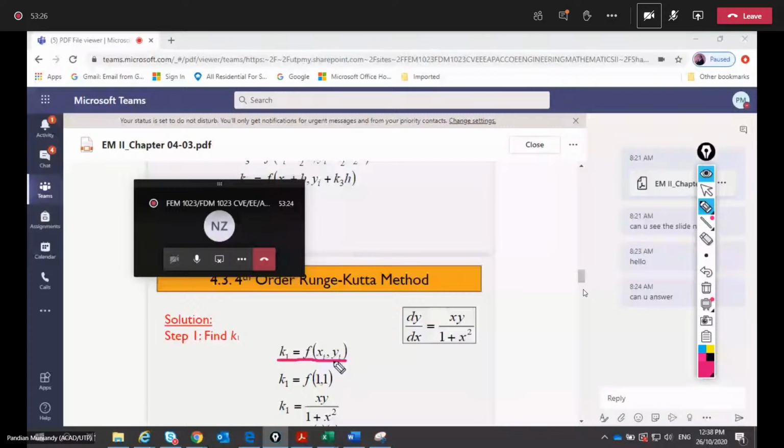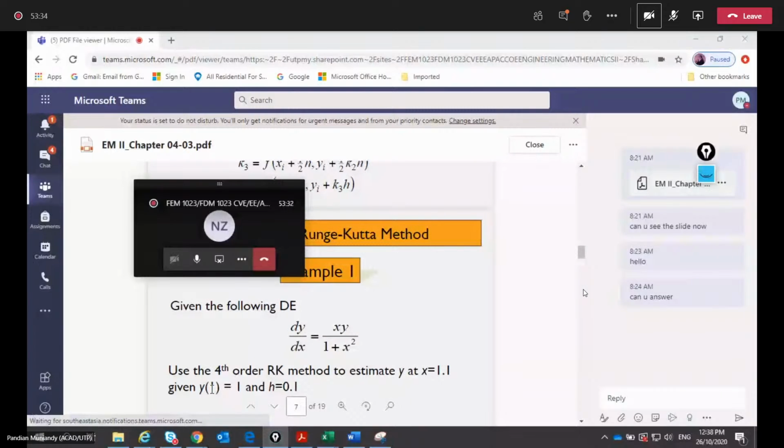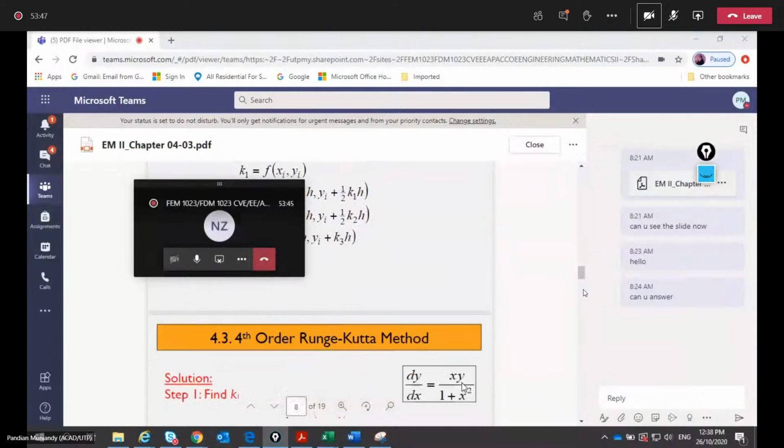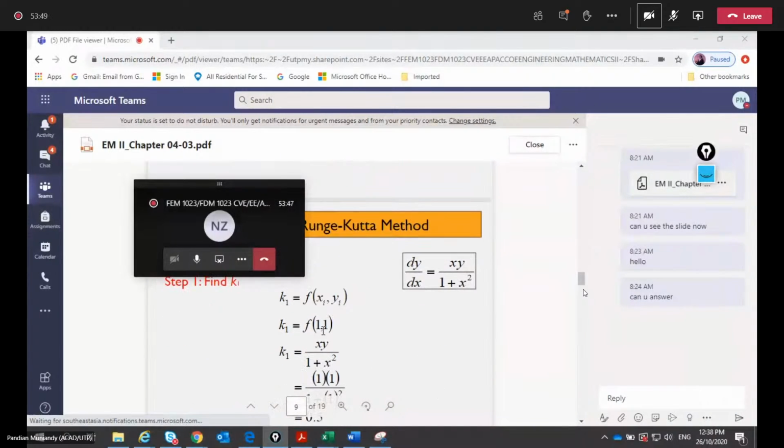From the problem. Go back to the problem again. If you're not sure, go back here. This one means y naught is 1. This is very important. So x is 1 and y is 1, and from here you get f(1, 1).